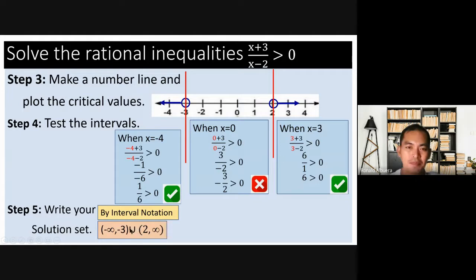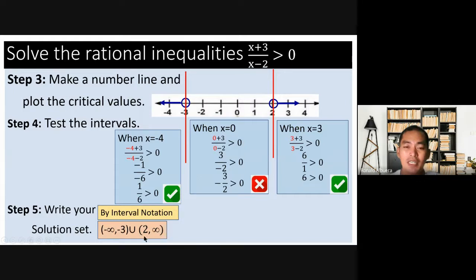Union is used when writing the solution set of an inequality. This is an open interval from +2 to +infinity. So it is -infinity to -3, union 2 to +infinity.